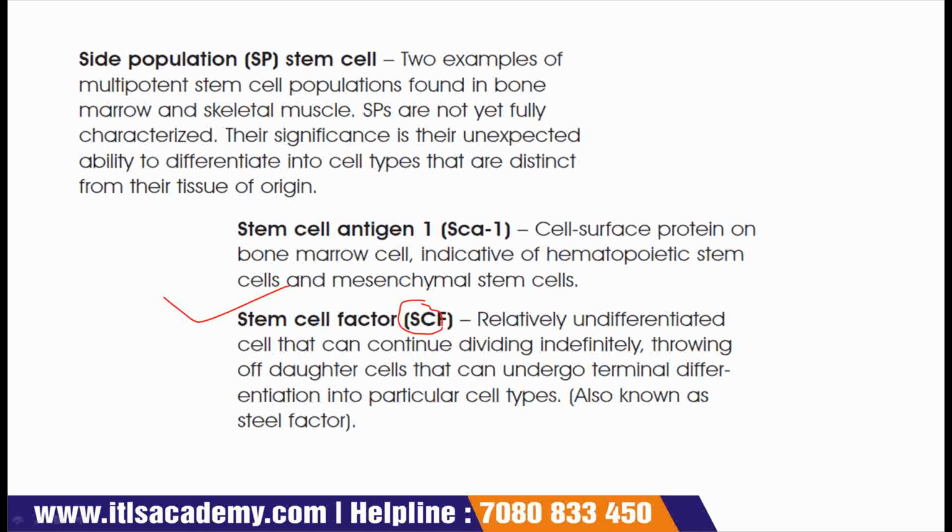This is a relatively undifferentiated cell that can continue dividing indefinitely, throwing off daughter cells that can undergo terminal differentiation into particular cell types. This is also known as Steel factor.